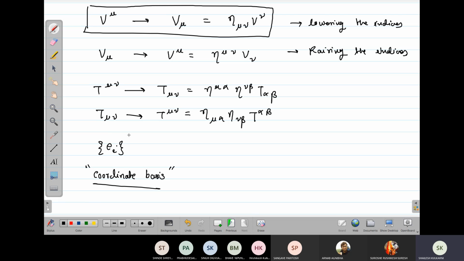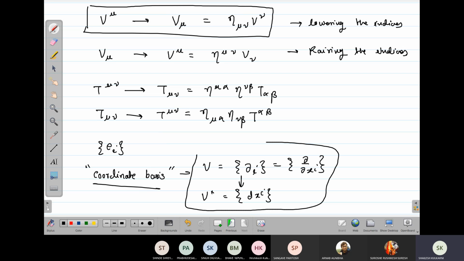This is a specific type of basis. In brief, the coordinate basis for a vector space V is the basis given by your partial derivatives, which are nothing but del x^i, and the corresponding dual basis will be the differentials dx^i. That is the point I would like to illustrate in the next class.